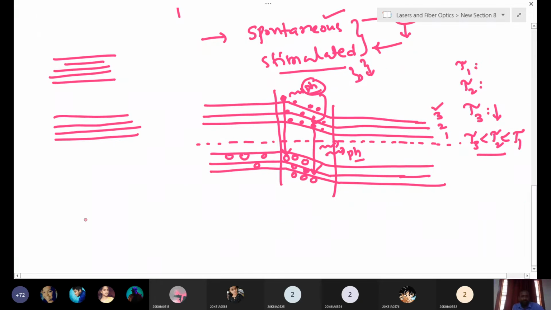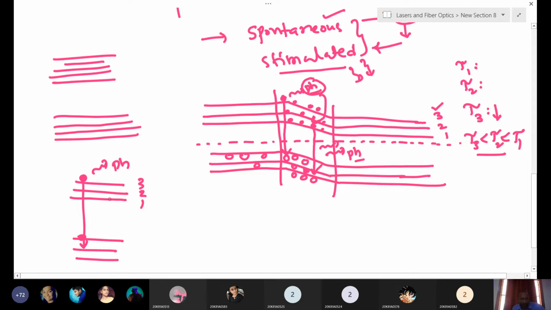So here, what we are doing simply: there are many energy levels in the conduction band, and this is the valence band, this is the conduction band. First one, 3, 2, 1. In the third level, an electron jumps to the valence band and makes spontaneous emission. Photons are emitted here.